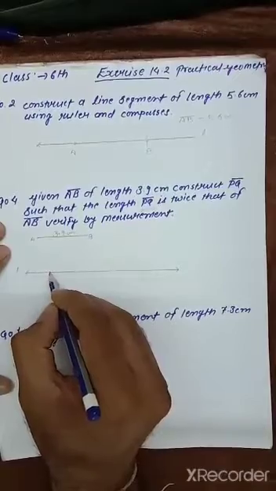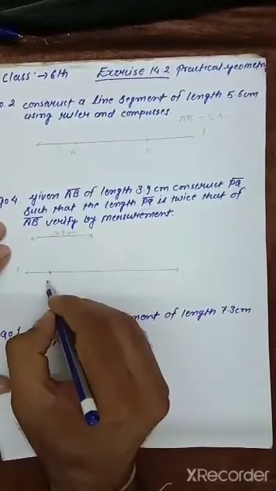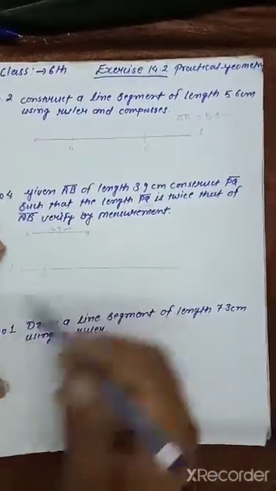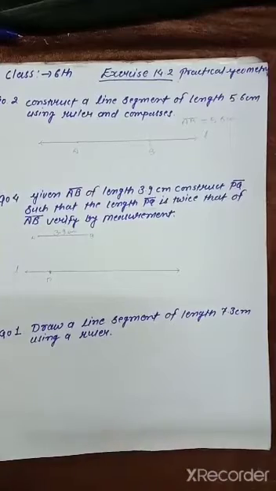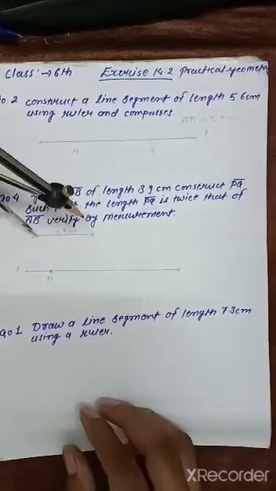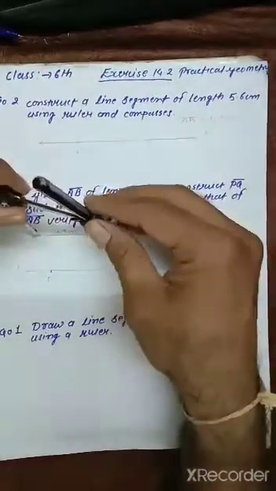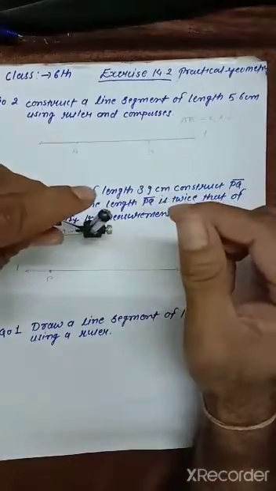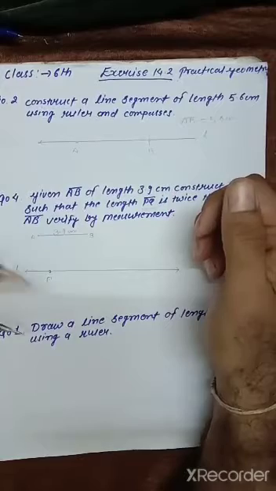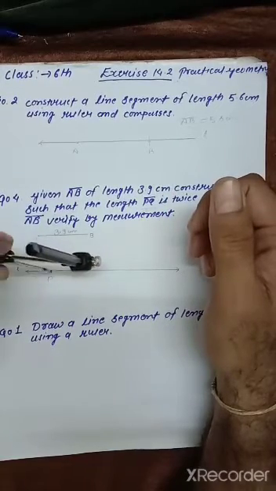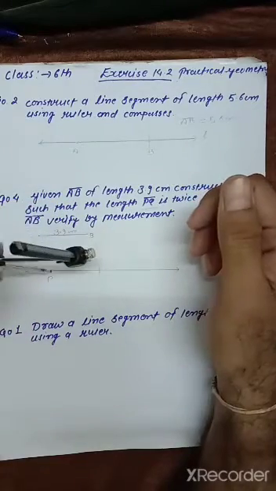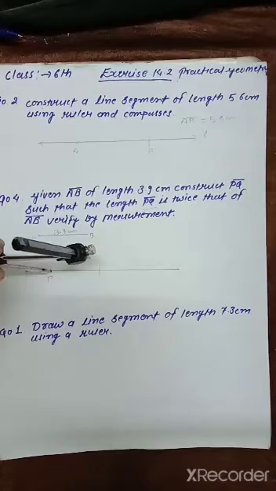Now just simply put the needle of compass at point A and open it till point B. So this will be the length of AB, but we want to construct PQ, which should be twice of AB.